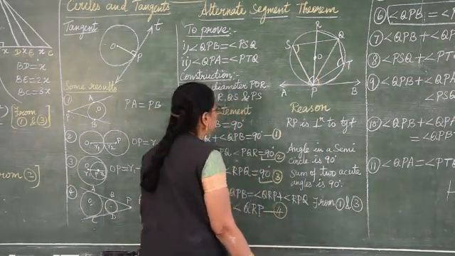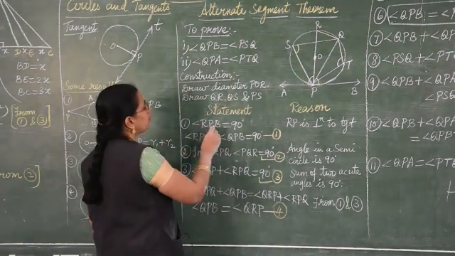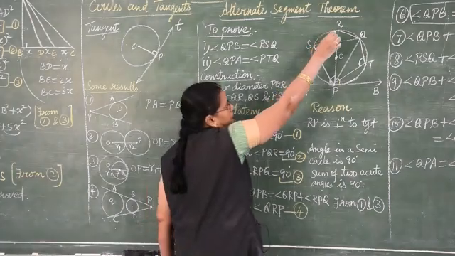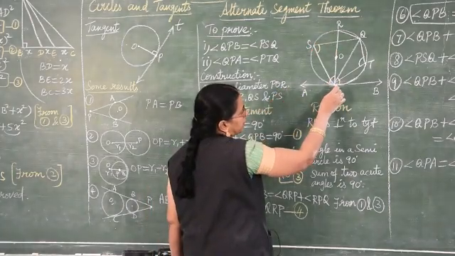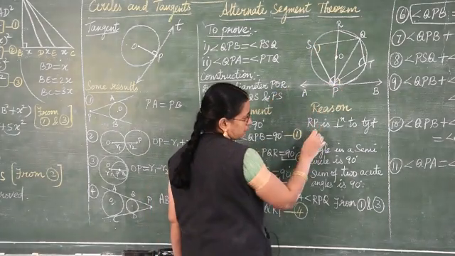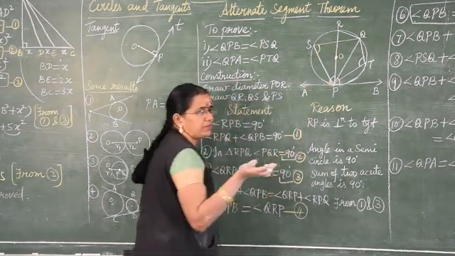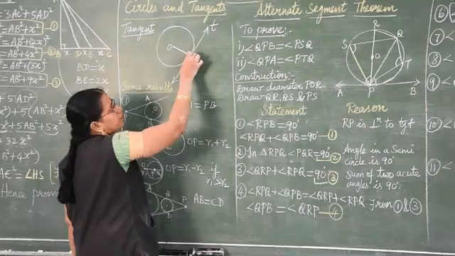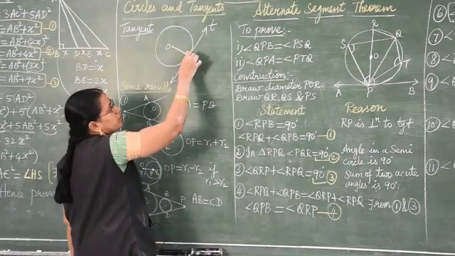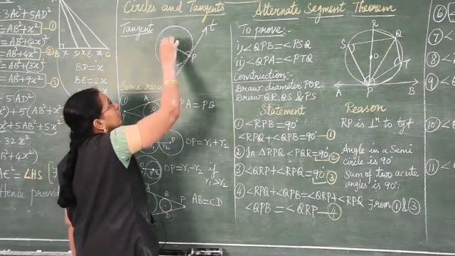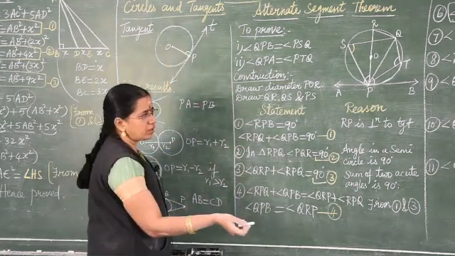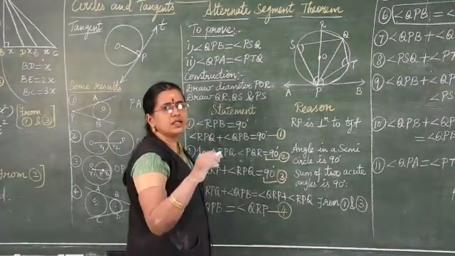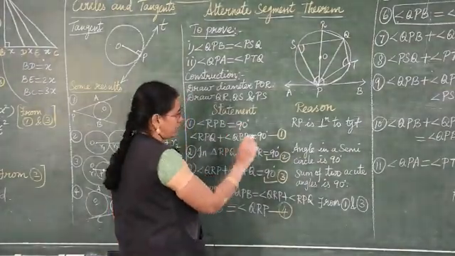Now, angle RPB equals 90 degrees, we are telling. Why is the angle RPB 90 degrees? Since it is the diameter, already we have seen that the radius drawn to the point of contact is perpendicular to the tangent. Even if you draw the diameter, that will be perpendicular. So here RP is the diameter and that is perpendicular to the tangent. Therefore, it is equal to 90 degrees.